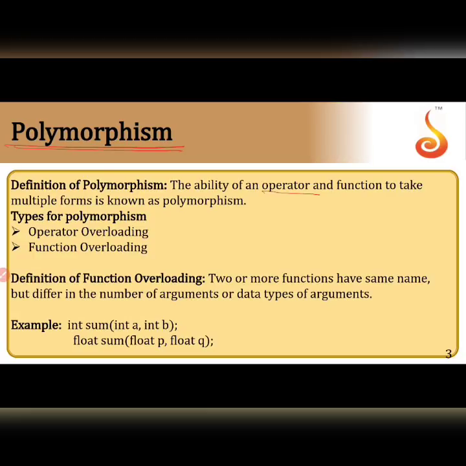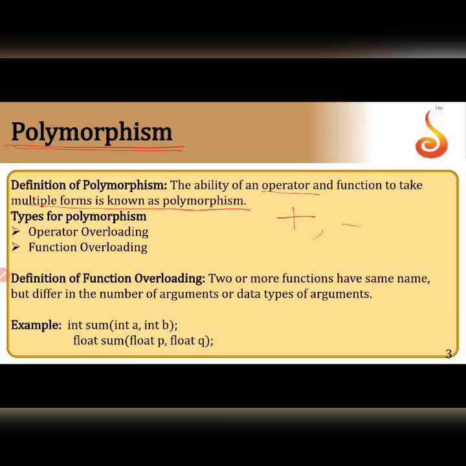The ability of an operator and function to take multiple forms is known as polymorphism. Some examples of operators are plus, minus, all these are operators, right?